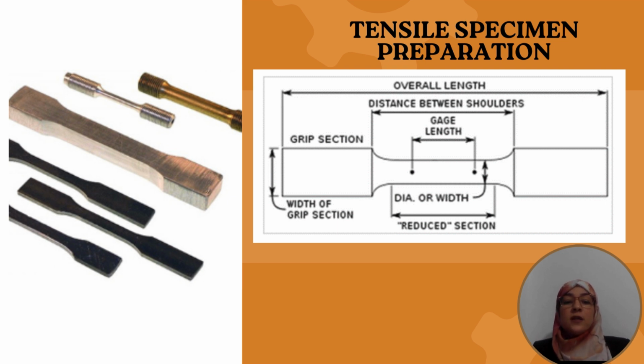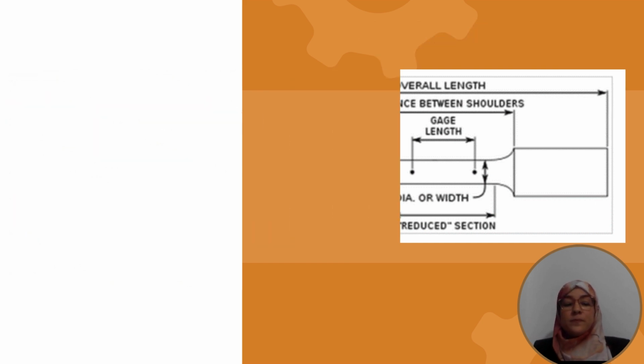The shoulders allow the specimen to be gripped, while the gauge length shows the deformation and the failure in the elastic region as it is stretched under load.